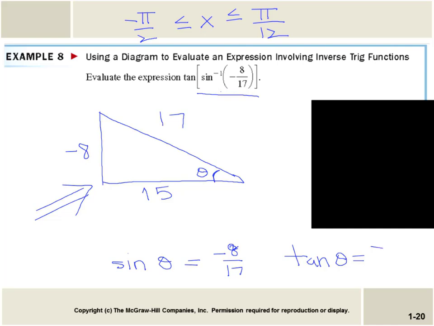Good. That's it. We're done. That's the answer. Notice I didn't even have to find my angle. I just kind of worked through my angle, didn't I? I don't know what the angle is still. I mean, I can find it out, but I don't care.